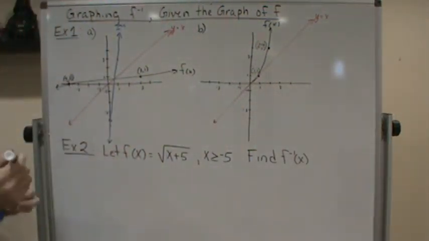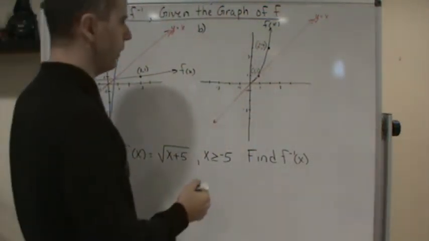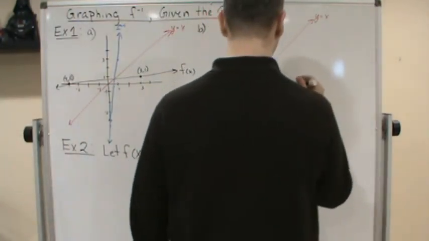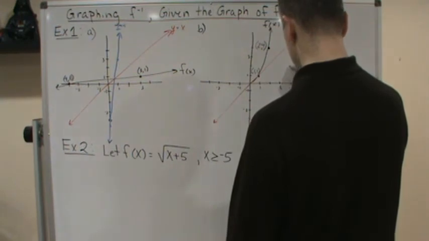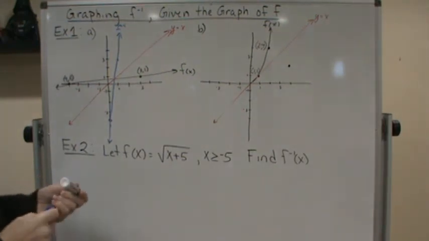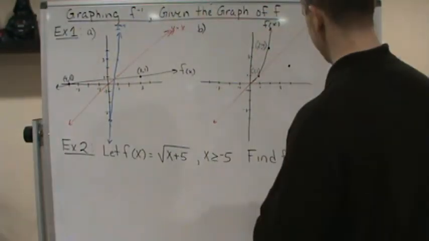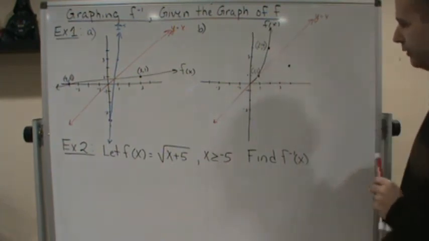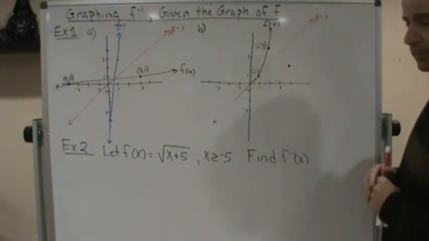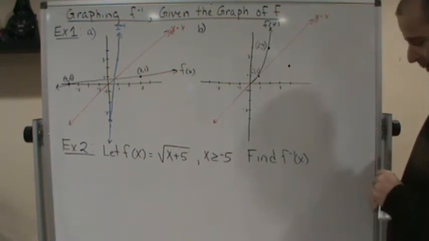If we use the same method, let's interchange the 2 points. So 4, 2 is going to be right about here. And if you look at that, it does sort of look like it goes straight across. Not exactly because of my drawing, but it should be straight across, the same distance from the red line.